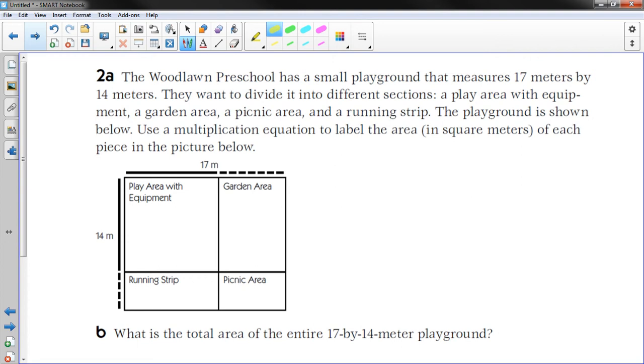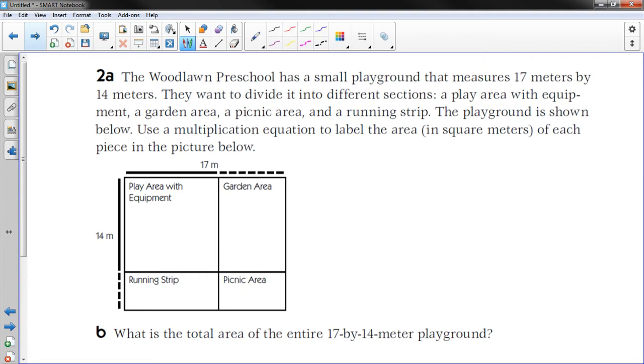2A. The Woodlawn Preschool has a small playground that measures 17 meters by 14 meters. They want to divide it into different sections: a play area with equipment, a garden area, a picnic area, and a running strip. The playground is shown below. Use a multiplication equation to label the area in square meters of each piece in the picture below. Alright, so it's just like what we did before.